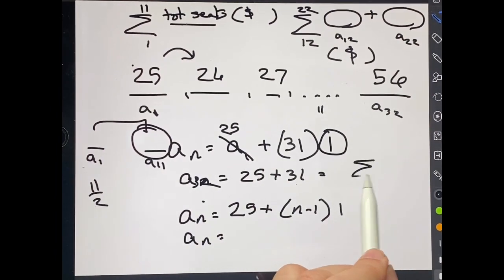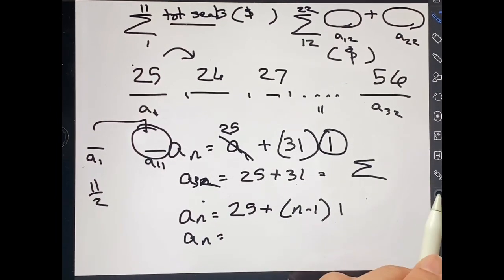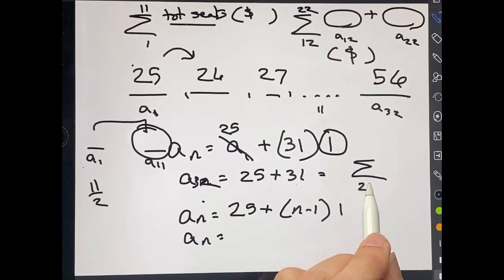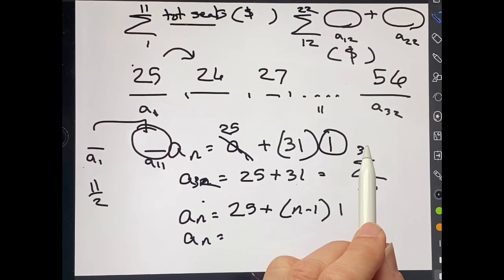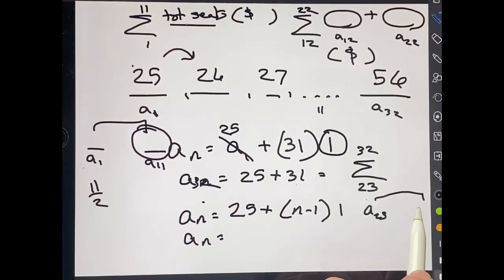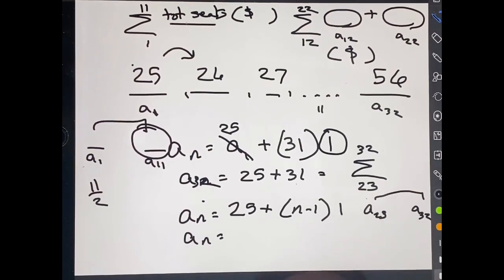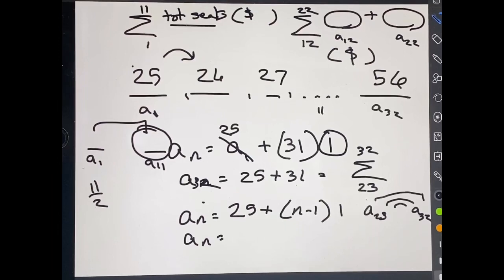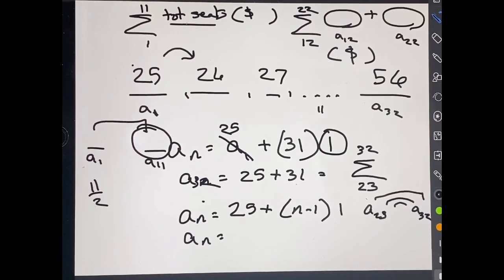Then we have a third formula. We are wanting to know from 23 to 32. So I'm going to need the value at 23. It's going to be added to the value at 32. Those will all pair up. How many do we have from 23 to 32? 23, 24, up to 32.